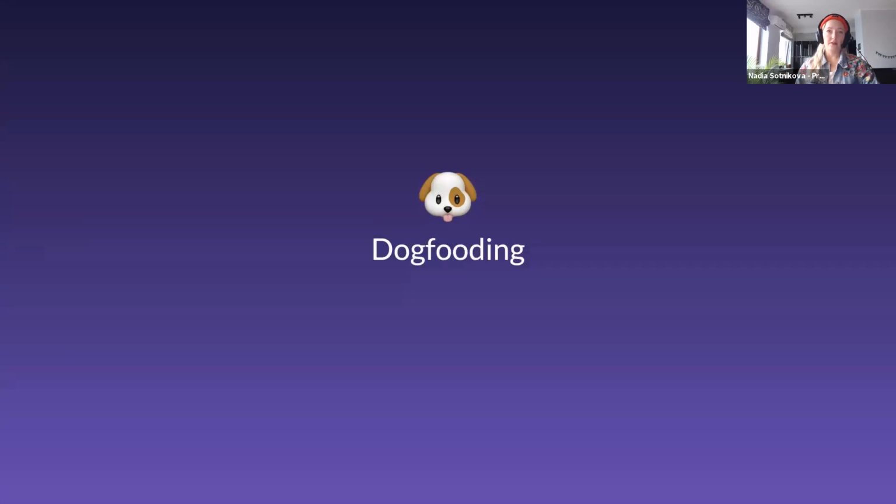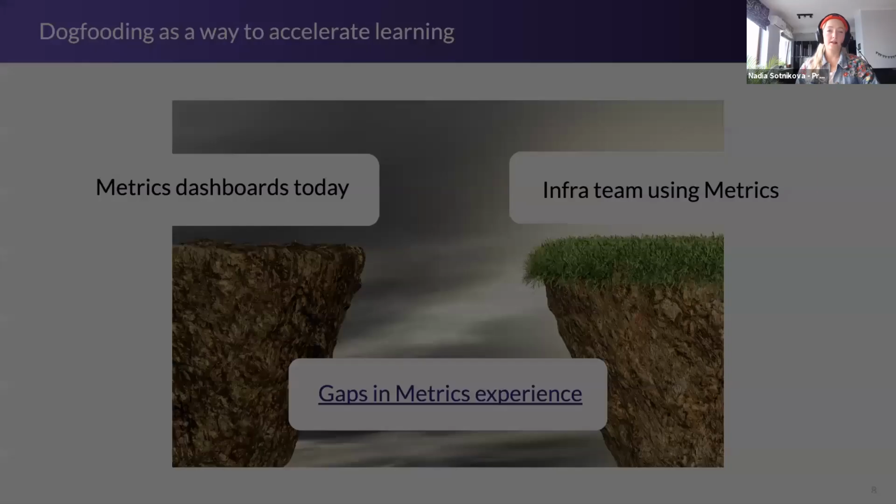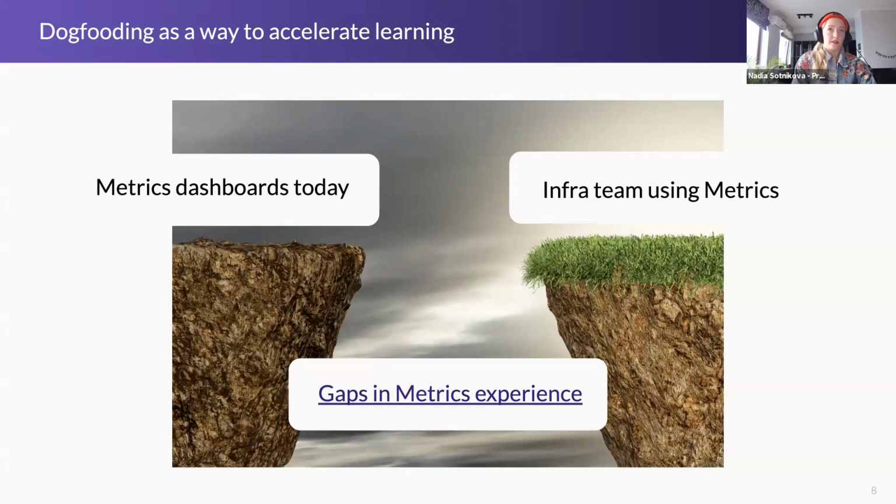One of the things we're doing is dogfooding. We have an internal customer within GitLab, our own infrastructure team, that can be a really great source of feedback for us. If we were to dogfood with the infrastructure team, we would be able to get feedback much faster, and we would have direct access to a customer who will help us build a good product.